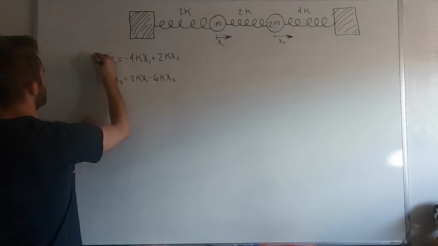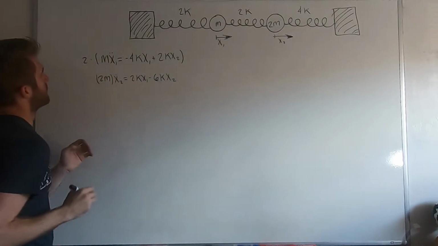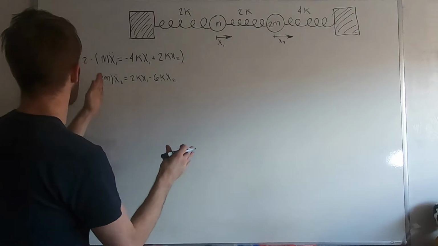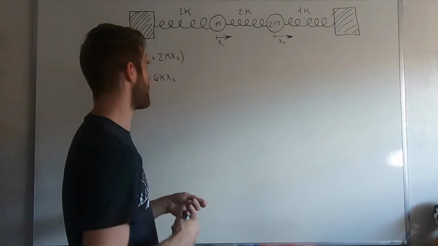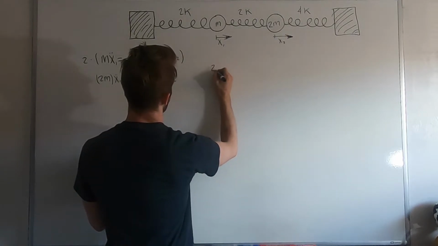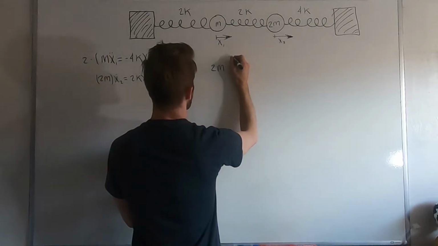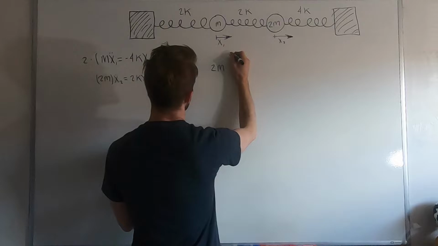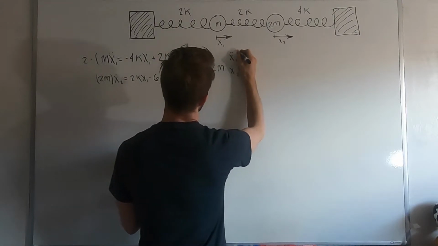So I'm going to multiply both sides of this by 2, so we can factor out an equal amount of mass from our column vector that we're going to be making. So to put this together, we're going to have 2m, factoring this out here, and we're going to have x double dot sub 1, x double dot sub 2.